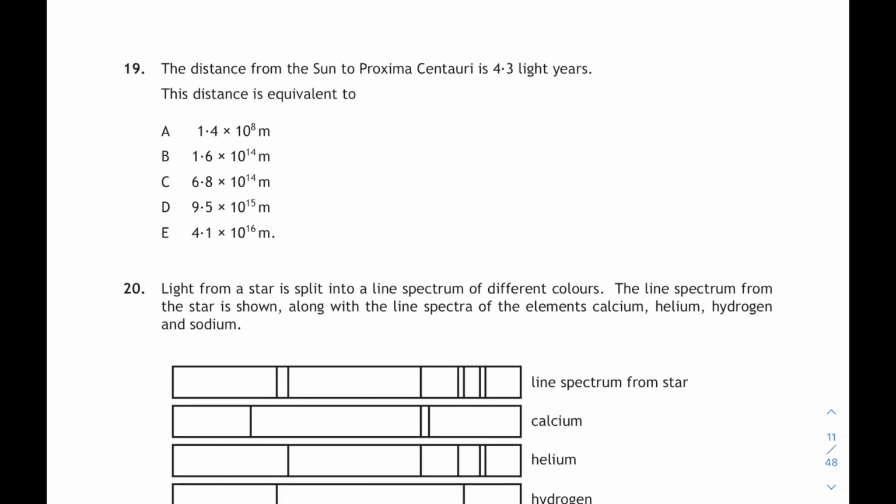Question 19. The distance from the Sun to Proxima Centauri is 4.3 light years. This distance is equivalent to, well, we need to work out the distance that 1 light year is, which we do by distance equals speed times time, the speed of light times the number of seconds in a year, and then we multiply that by 4.3.